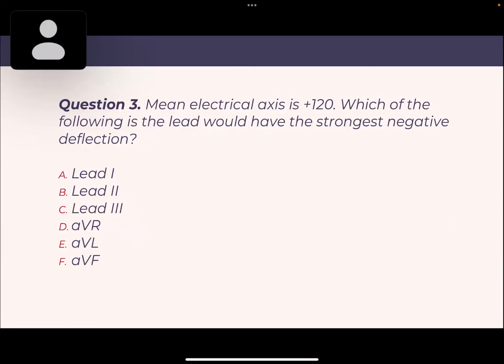Third question. If your cardiac axis is at positive 120, which of the following is the lead that would have the strongest negative deflection? Now this sounds like a complicated question, but let's do it together.